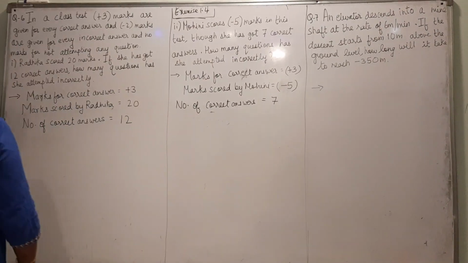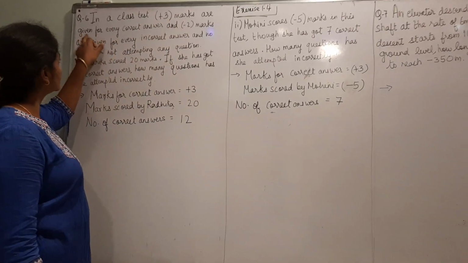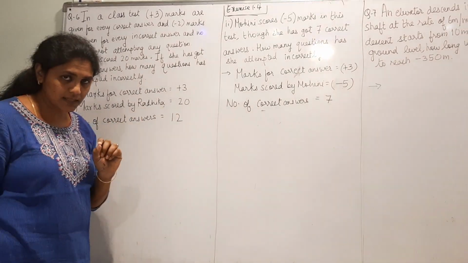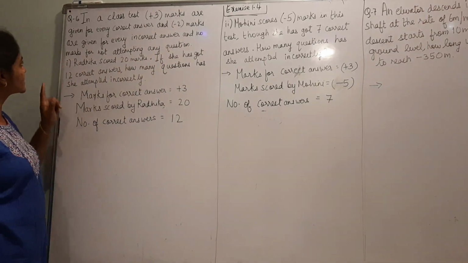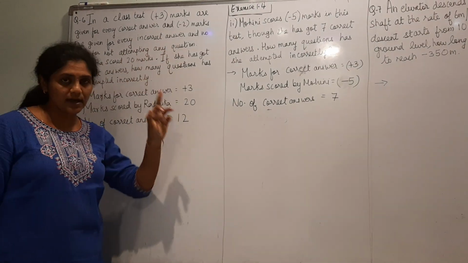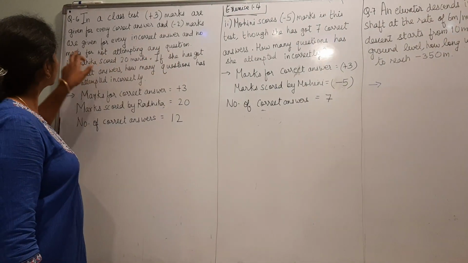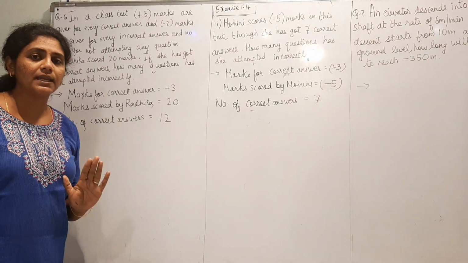In a class test, plus 3 marks are given for every correct answer and minus 2 marks are given for every incorrect answer and no marks for not attempting any question.